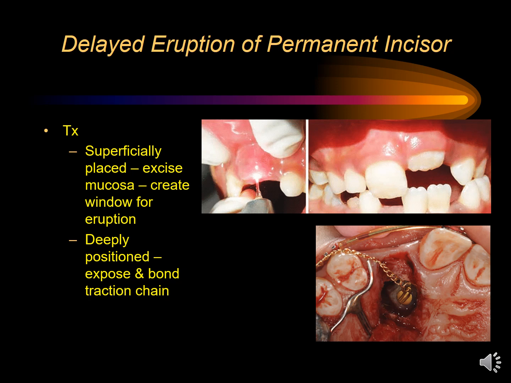Now, if the unerupted tooth is superficially placed, we can excise the mucosa and create a window for the eruption. In this picture, we can see that the window is being created using a laser. If it is deeply positioned, then the tooth needs to be exposed and bonded with a traction chain.